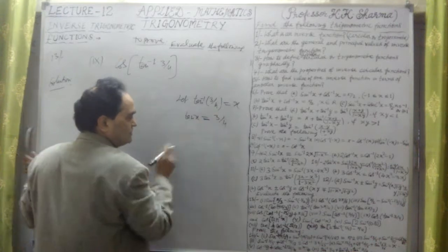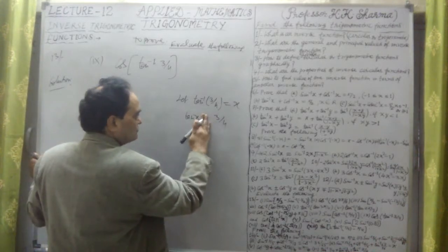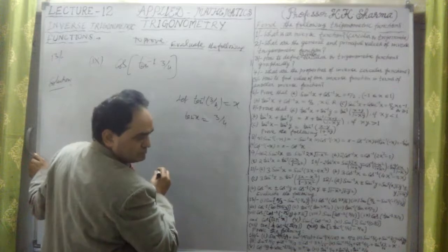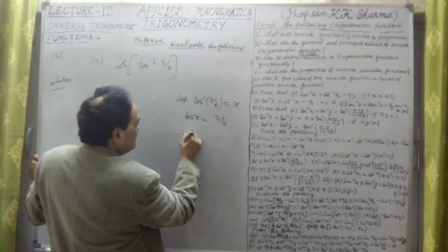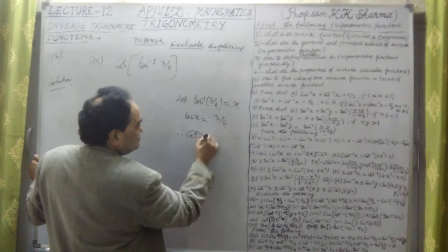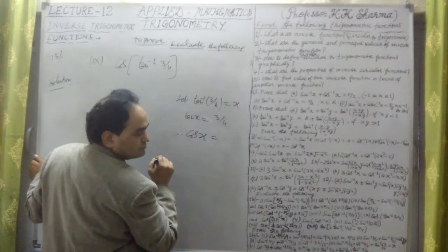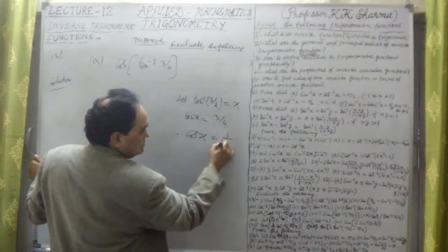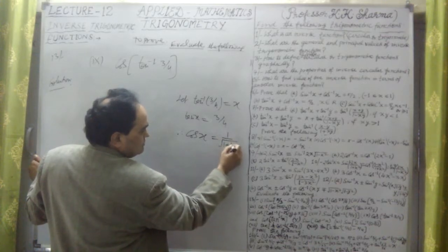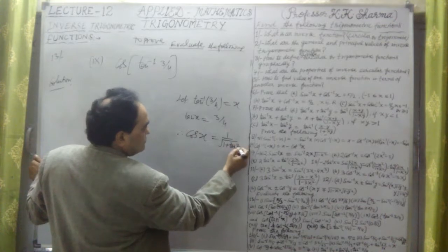If I find the value of cos in terms of tan, therefore cos x equal to 1 upon under root 1 plus tan square x.